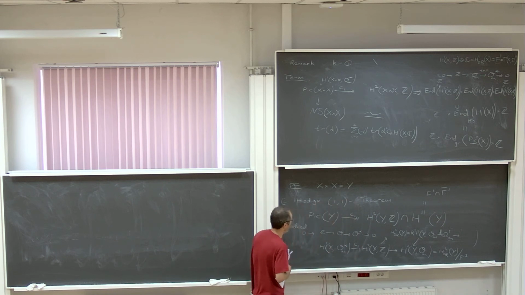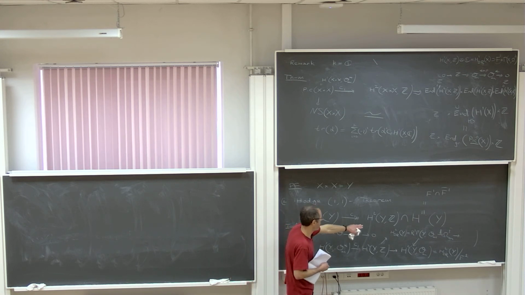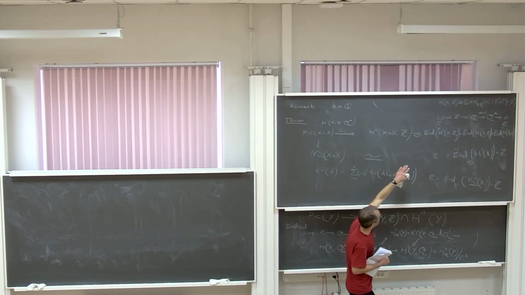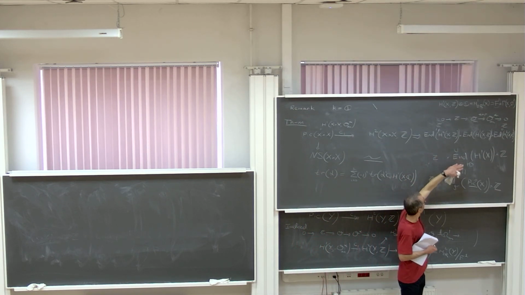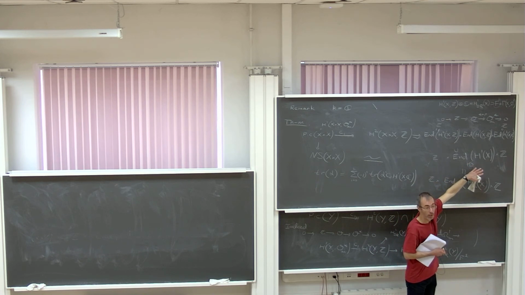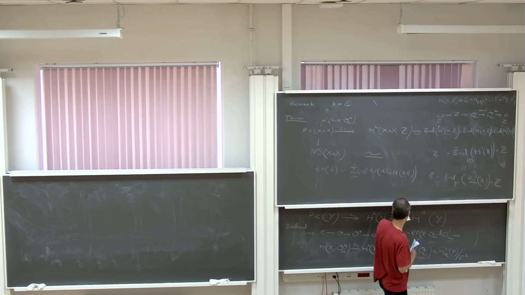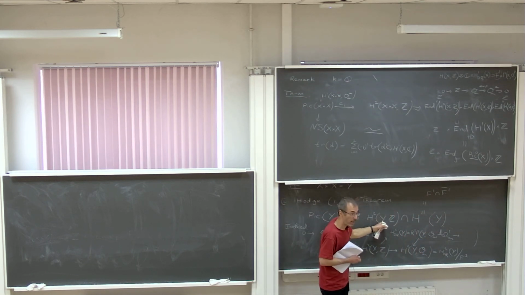Now it is an exercise to show that this translates into this description by the Künneth formula and Poincaré duality. So you have a class here.